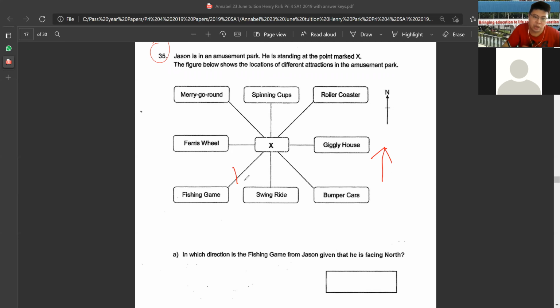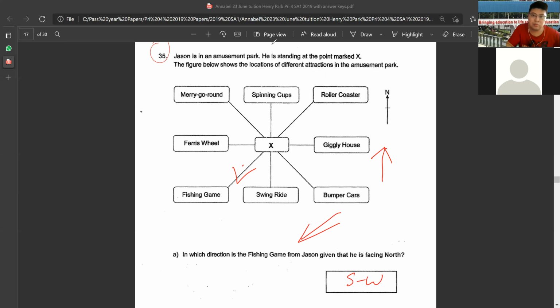The fishing game is in this direction. What is this direction? Southwest. So the answer is southwest.